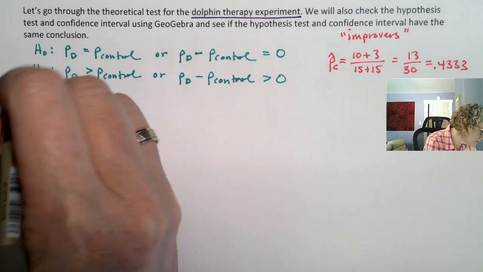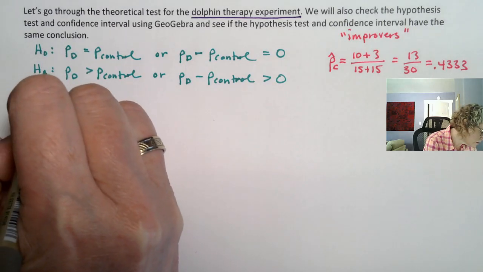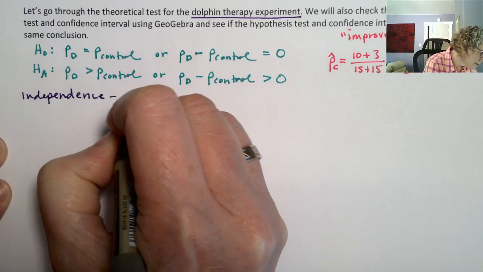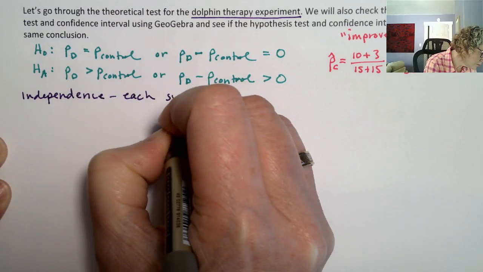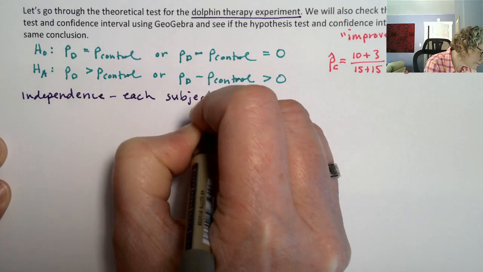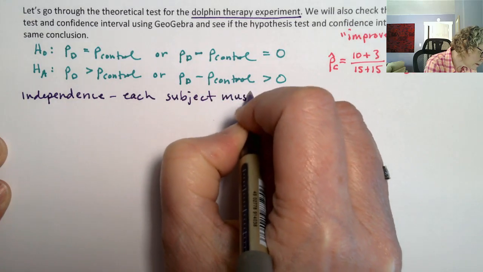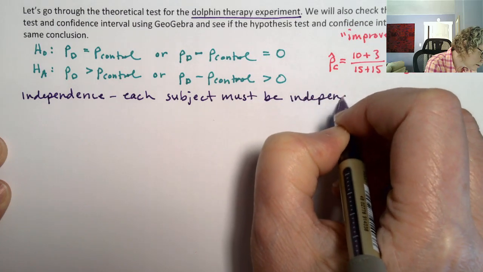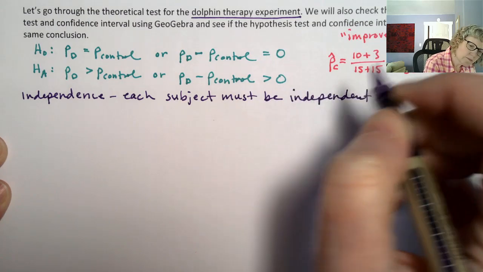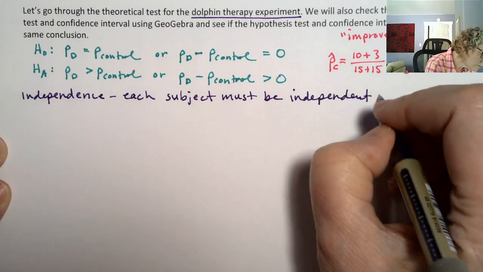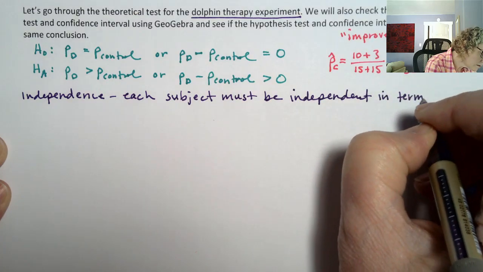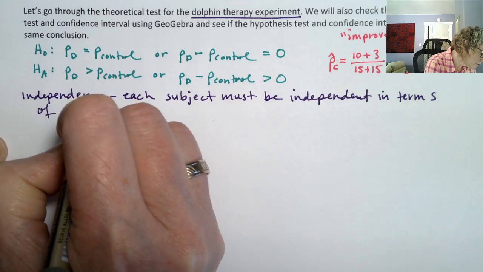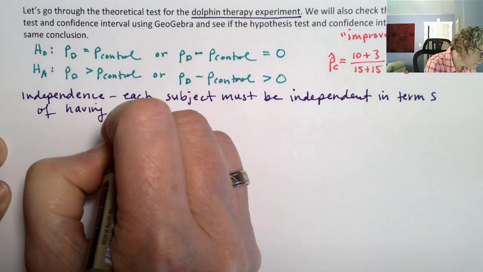So each participant, or each subject, must be independent in terms of having depression.